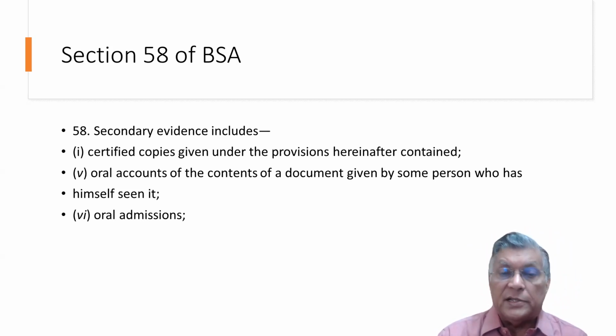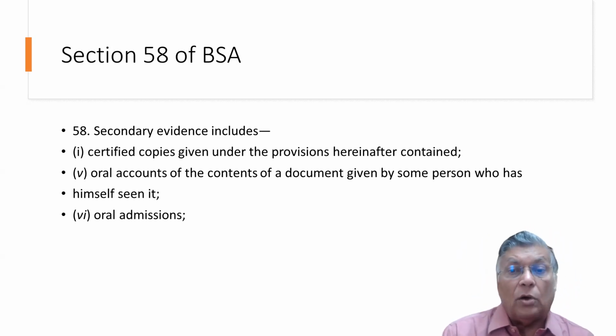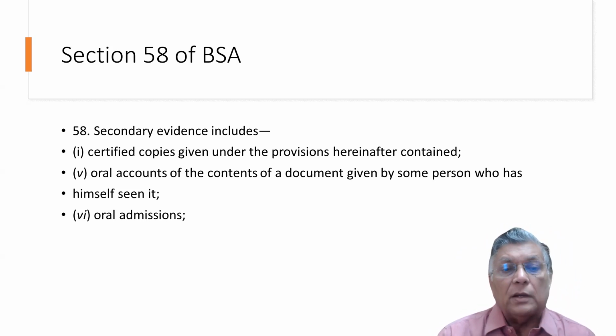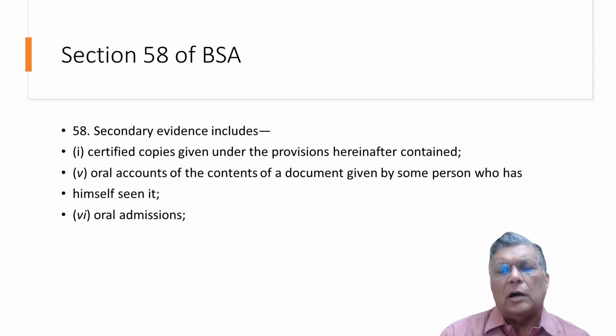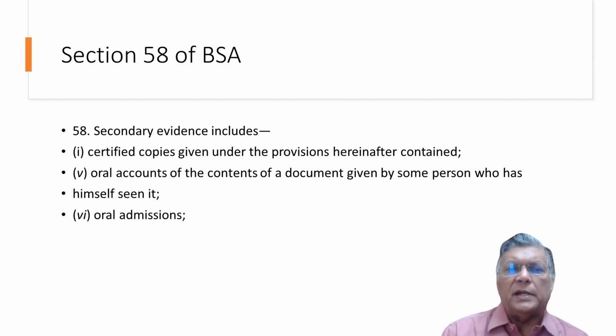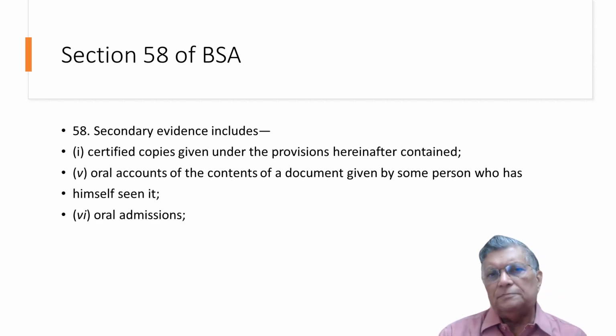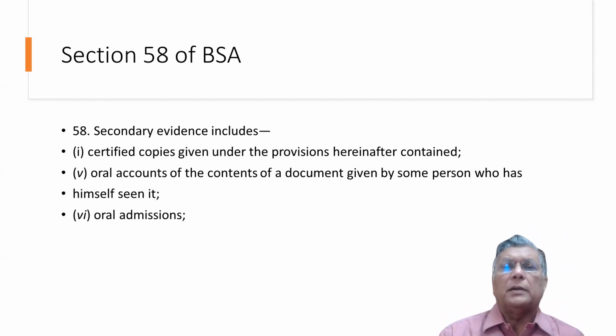Suppose I say that I saw a document which stated A, B, C, D, E, then that also becomes a secondary document, then any other oral admission. So removing 22 capital A of the earlier act and in section 58 adding these oral accounts and oral admissions has brought in oral admissions also as a secondary document.